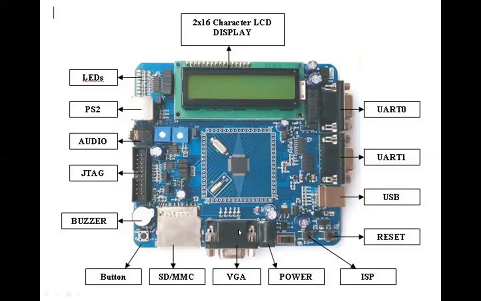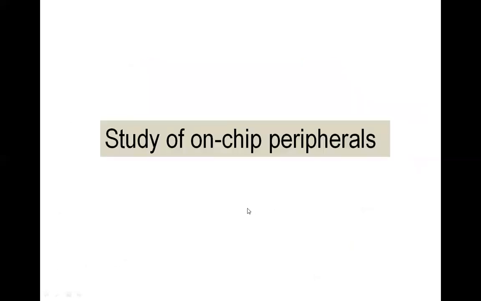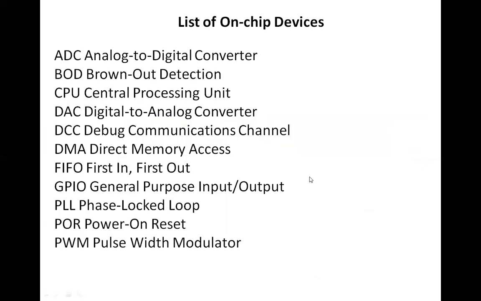Now, from the features point of view, first of all I am giving you the on-chip peripherals which are available. I have listed them, like ADC. This is a list of various on-chip peripheral devices that were not shown in the last slide, but they are available with the board, right?